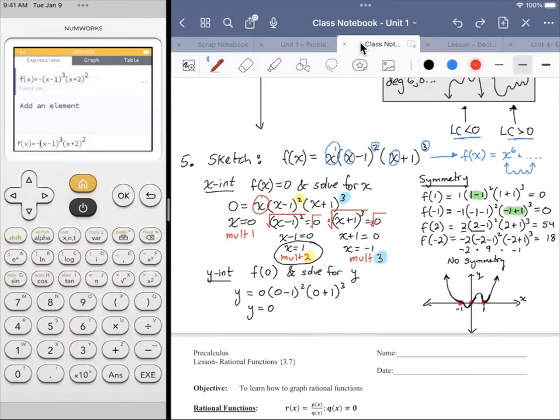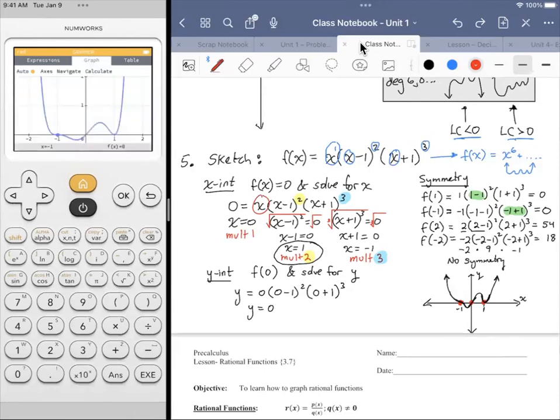So an x in front, then an (x minus 1) squared, then an (x plus 1) cubed. Put that in, double check that you put it in right. Graph. It's in the same neighborhood. It's in the same vein, so it should feel pretty good about that sketch.